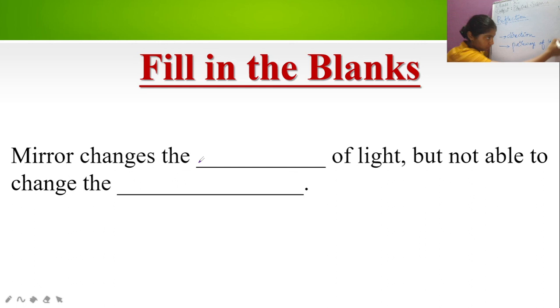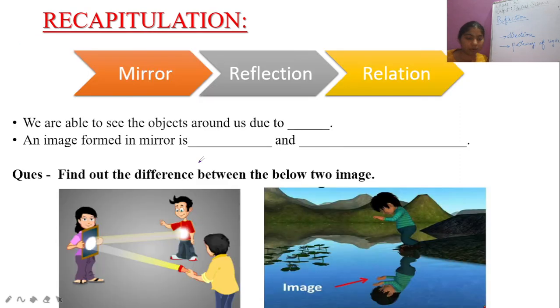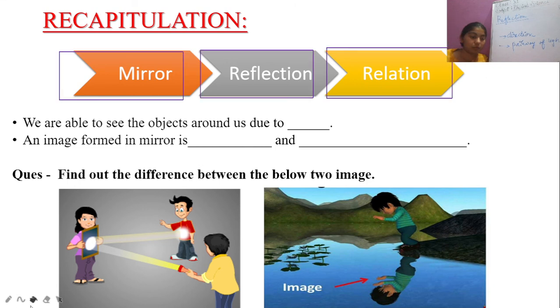So let's recap what we have discussed in today's class. We discussed mirror, reflection, and how mirror and reflection are related, right? Now students, one fill in the blanks I have put for you. We are able to see the objects around us due to light, right?